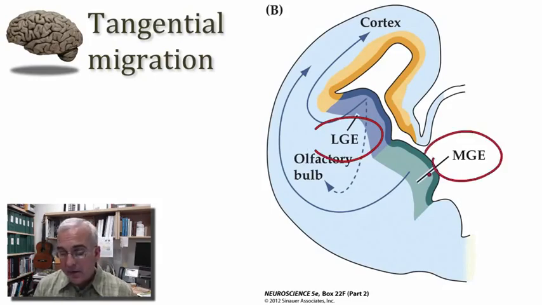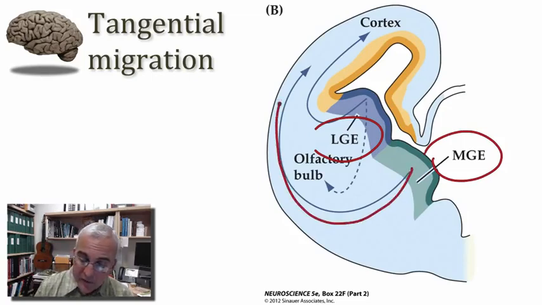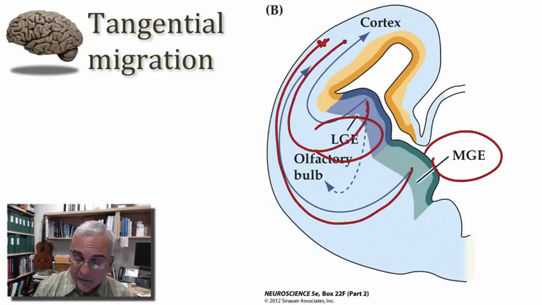And it's from these ganglionic eminences that inhibitory neurons are born and differentiate. And as they differentiate, they migrate, not just in the radial dimension, but also in the tangential dimension. So it's from the ganglionic eminences that our inhibitory interneurons are derived and come to populate the cerebral cortex through this process of tangential migration.